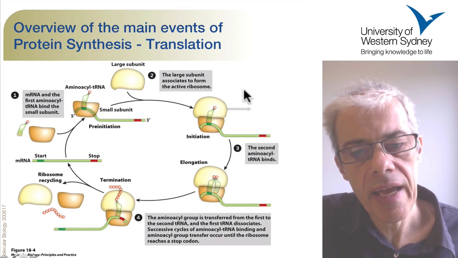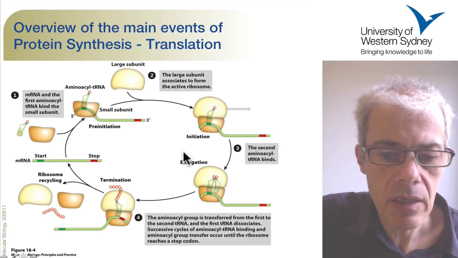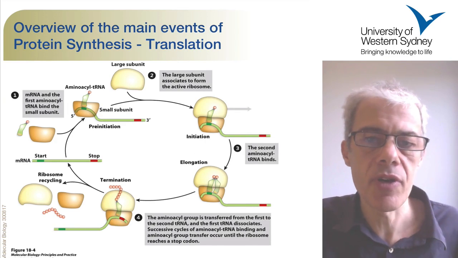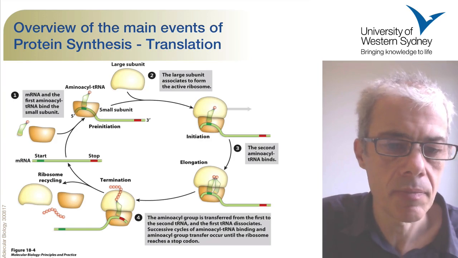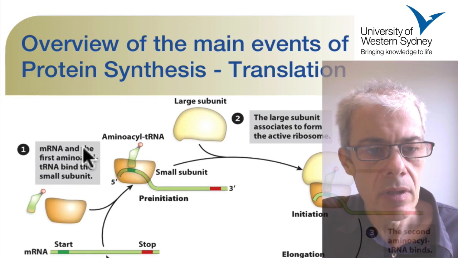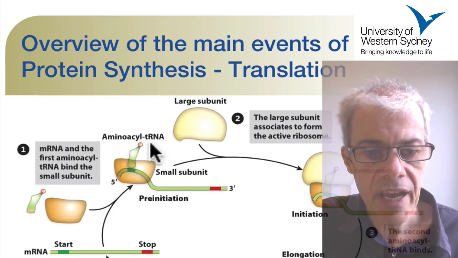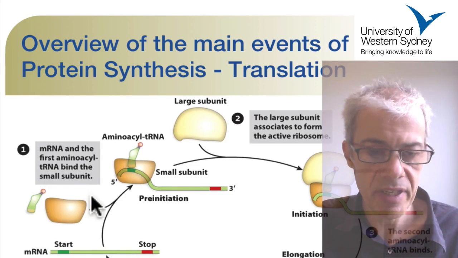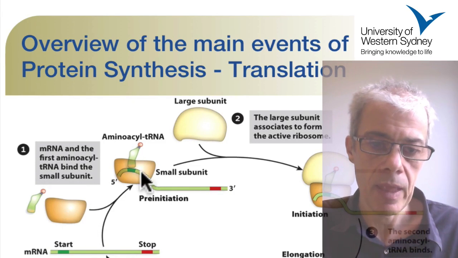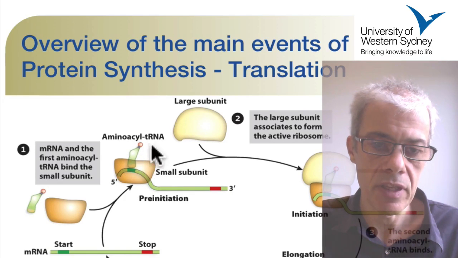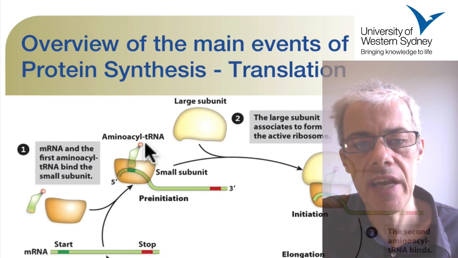So here we have a cartoon from the textbook which represents the process of translation. So we have a stage here which is the initiation of translation, in other words the coming together of the messenger RNA and the ribosome and the starter transfer RNA.